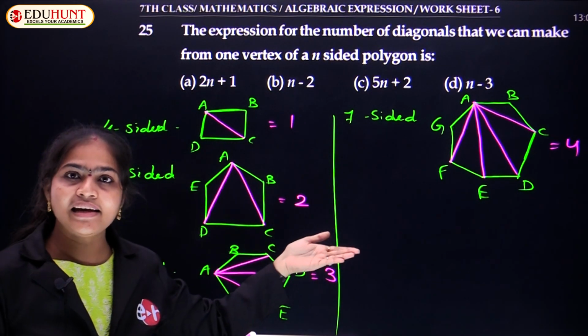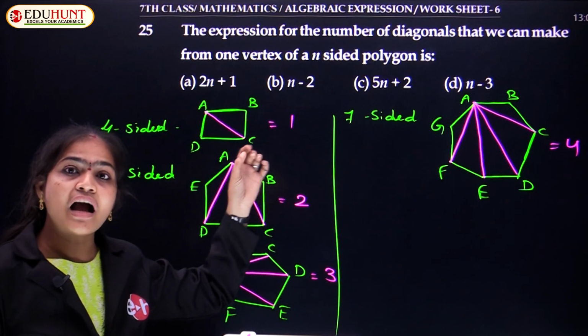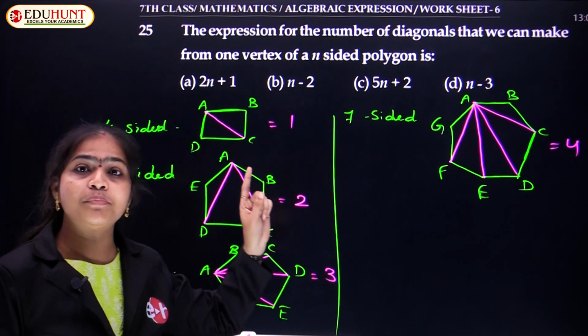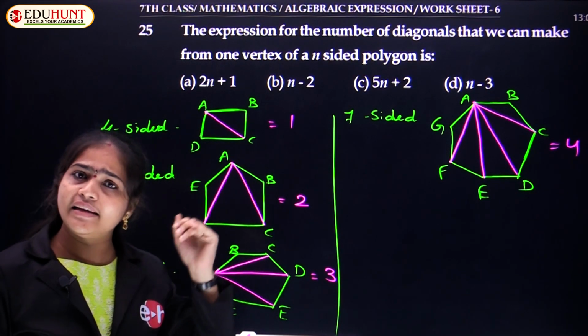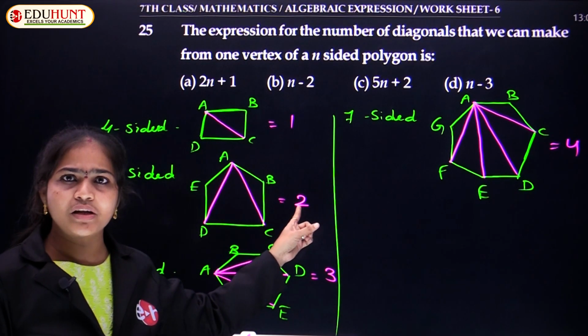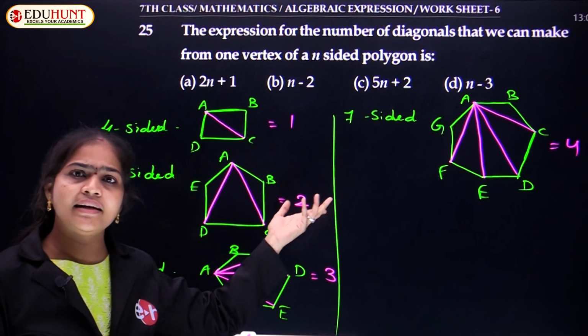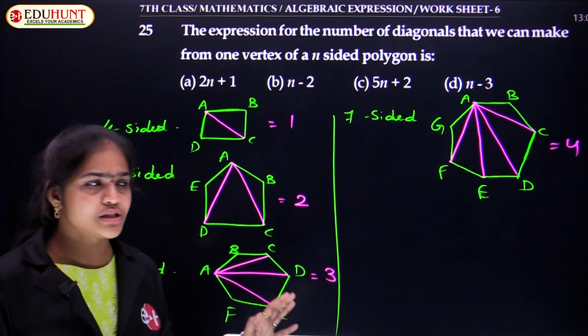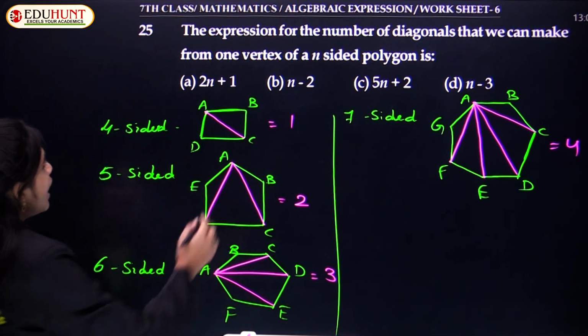If we have an n-sided polygon, containing n number of sides, how many diagonals can we draw from only one vertex, either A, B, C, D or whatever it may be? Here I took A; you can take B, C, D or whatever it may be, that is your wish. How can we write this?